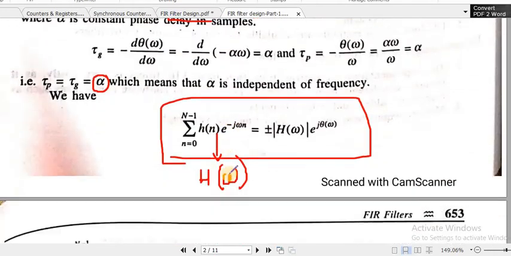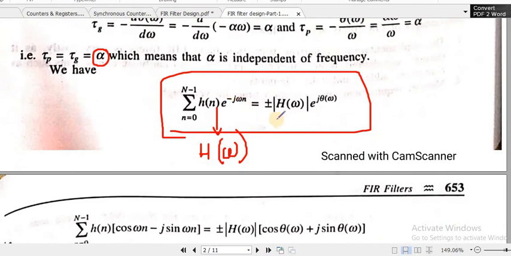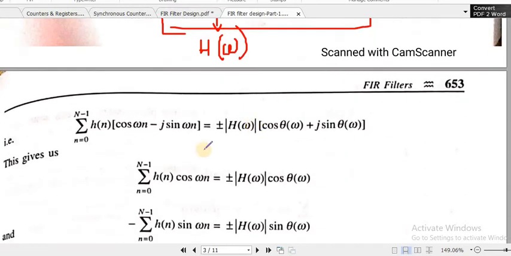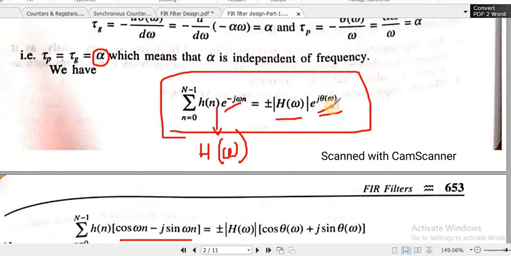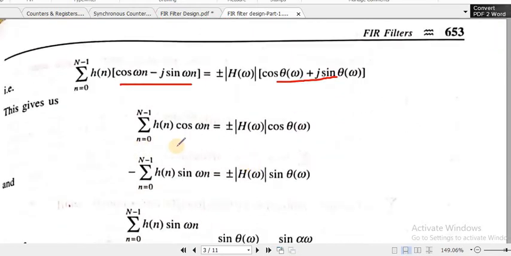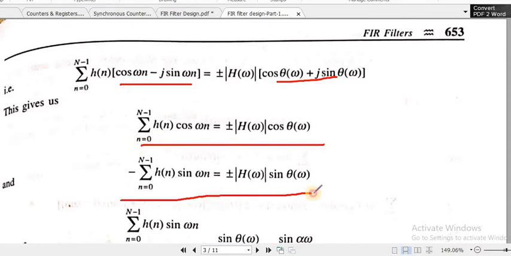So H of omega can be written as a magnitude response and a phase response. Now, if we apply the Euler formula, e to the power minus j theta is cos theta minus j sin theta, and e to the power j theta is cos theta plus j sin theta, and if we segregate the real part and imaginary part, we will get these two equations.